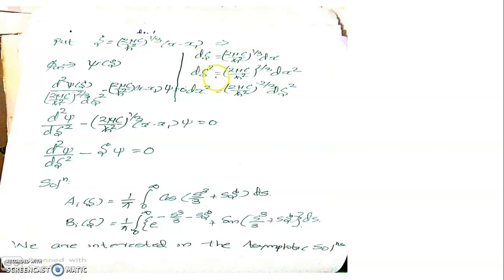So d zeta square we have to substitute for dx square. Let me square it. d zeta square equals (2 mu c by h cross square) raised to 2 by 3 dx square. Once we shift the independent variable from x to zeta, the wave function phi of x transforms to psi of zeta.